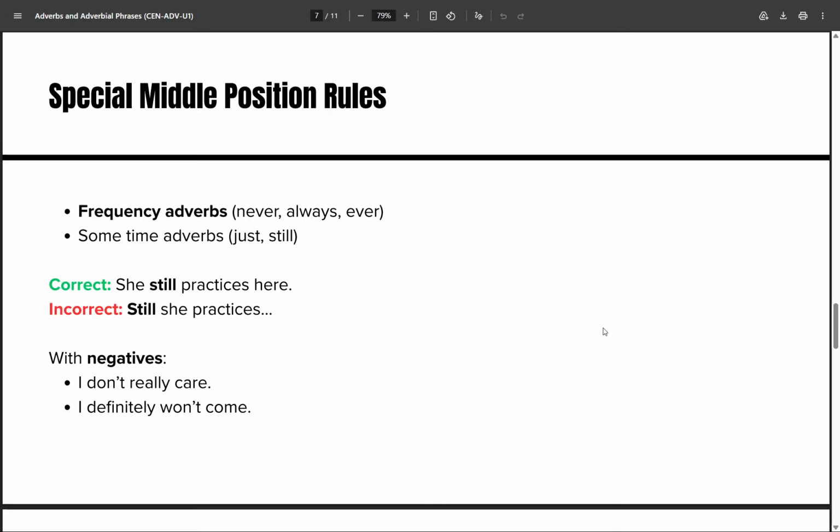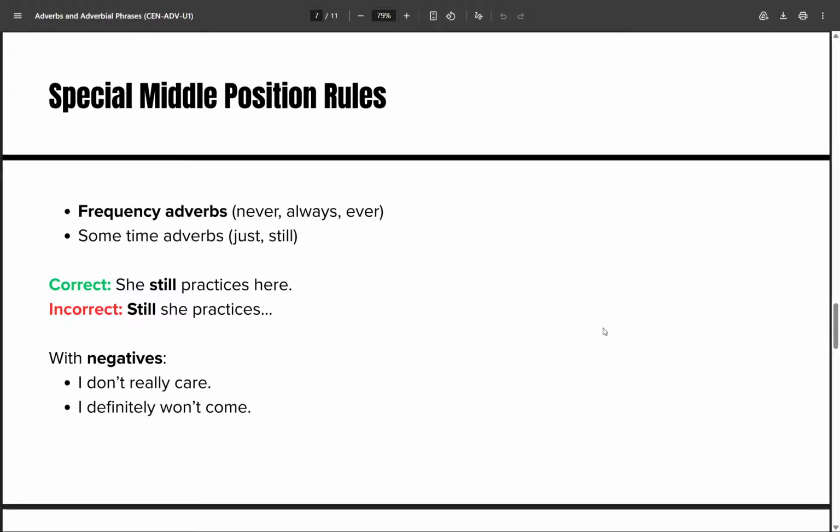And we have special middle position rules for you as well. Frequency adverbs like never, always, and ever, and some time adverbs as well, like just and still, have special middle position rules. For example, she still practices here is correct. Still she practices is not very correct. And with negatives, we do something else, right? We say I don't really care, and I definitely won't come.